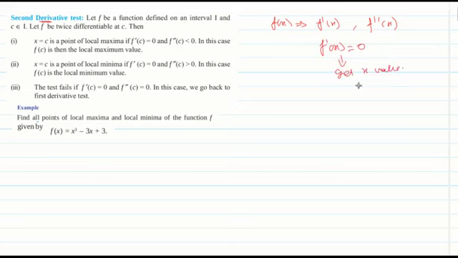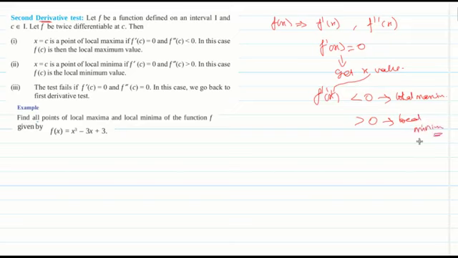Just substitute the value in f double dash of x. If it is lesser than 0, we can say it is a local maximum. If it is greater than 0, we can say it is a local minimum.